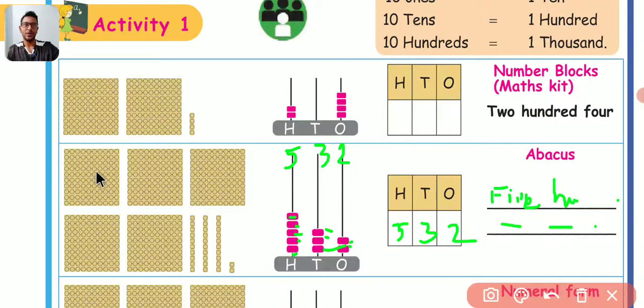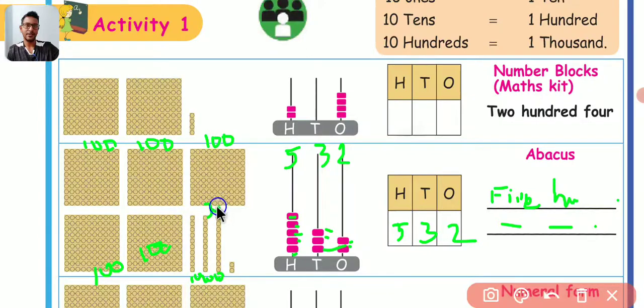So how many hundreds are there? This is 100, this is 100, this is 100, this is 100, this is 100. So there is 500. And how many tens? 1, 2, 3. 3 tens, that means 30.